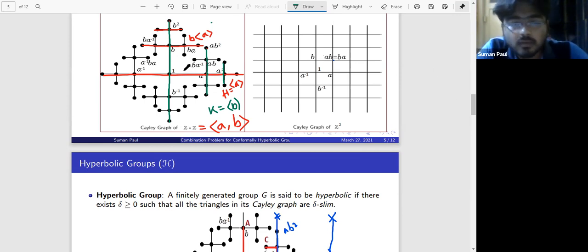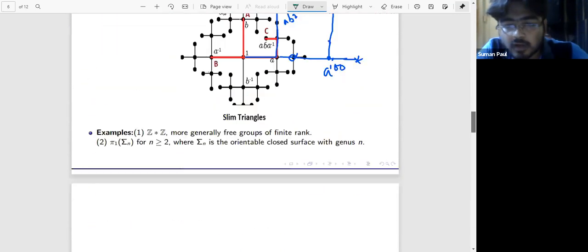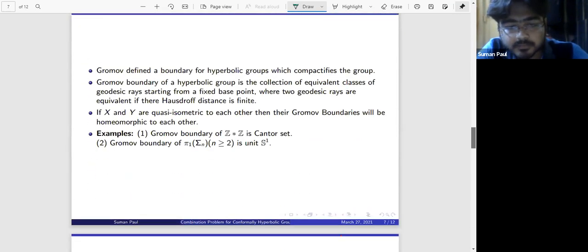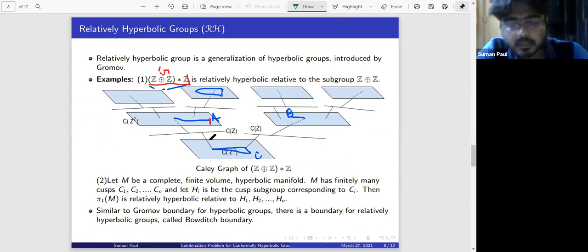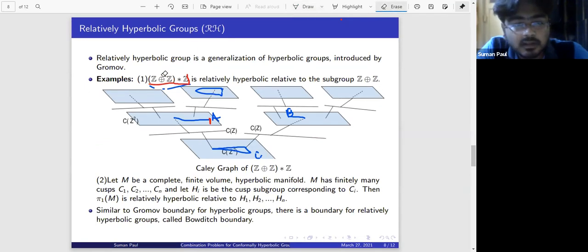Now if we mimic this picture for our case, we call this H. This is the subgroup of this group.